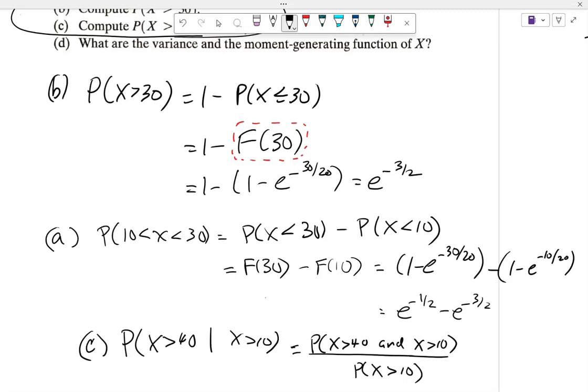Can we simplify the intersection a little bit to help us figure out the value of the top before we start going off on our way to calculate it? It's just x is greater than 40, right? If you're greater than 10 and greater than 40 at the same time, it has to be greater than 40, doesn't it?